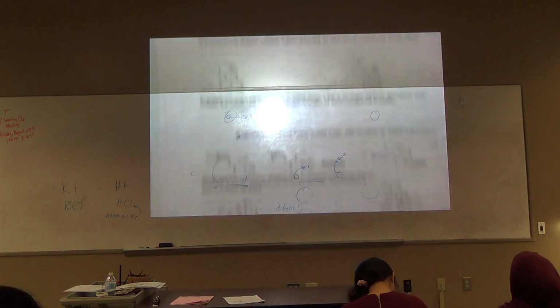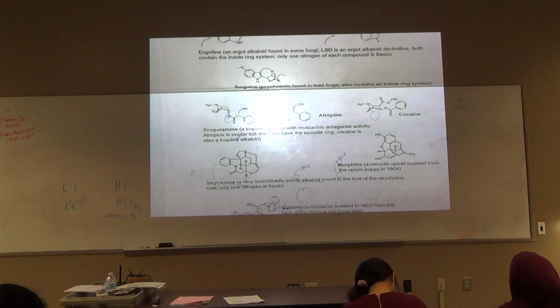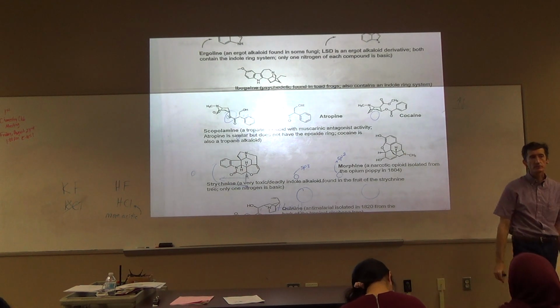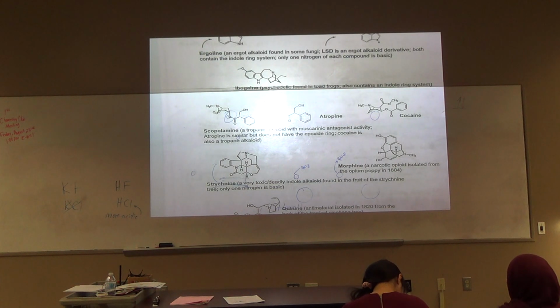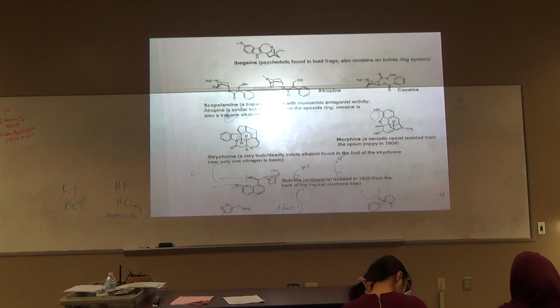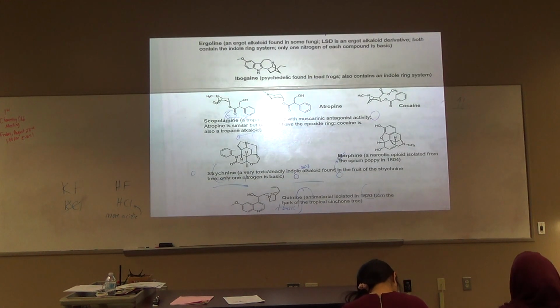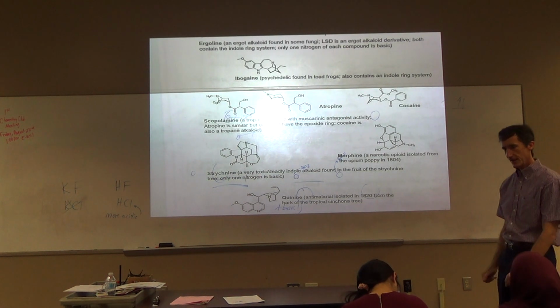All right. Morphine. Morphine was one of the first natural products ever isolated. Very important compound used over the many years, and still today, because from morphine comes heroin.